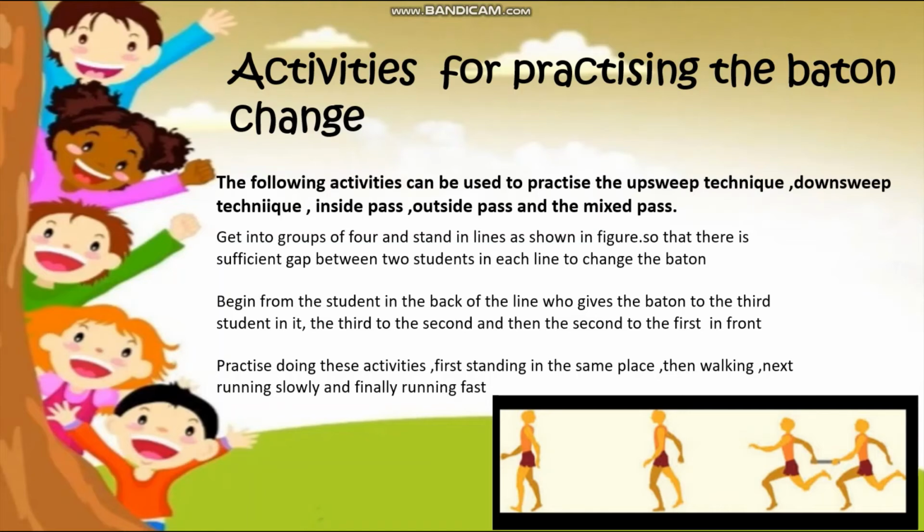Begin from the student at the back of the line, who gives the baton to the third student in it, the third to the second, and then the second to the first in front. Practice doing these activities, first standing in the same place, then walking, next running slowly and finally running fast.